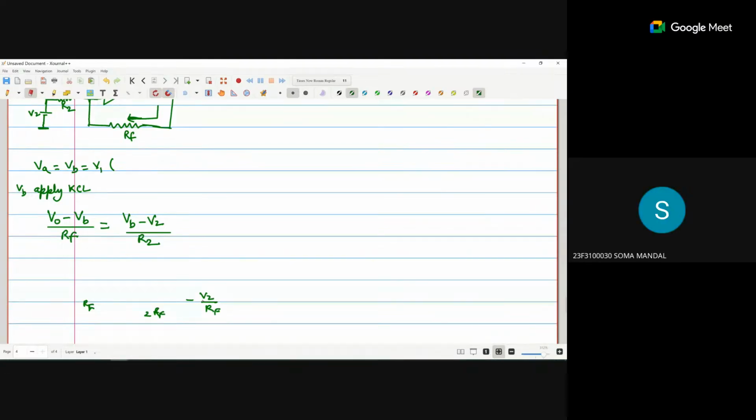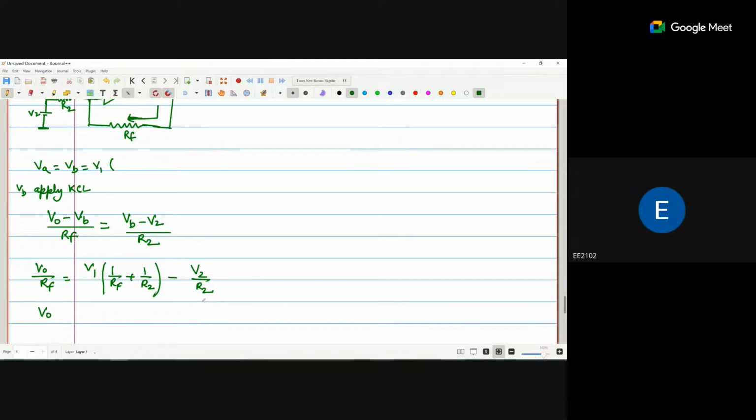Yes, sir. Now if we solve that, we know VB is V1. So V0 by RF is equal to, if I take VB here, V1 times (1 upon RF plus 1 upon R2) minus V2 by R2.